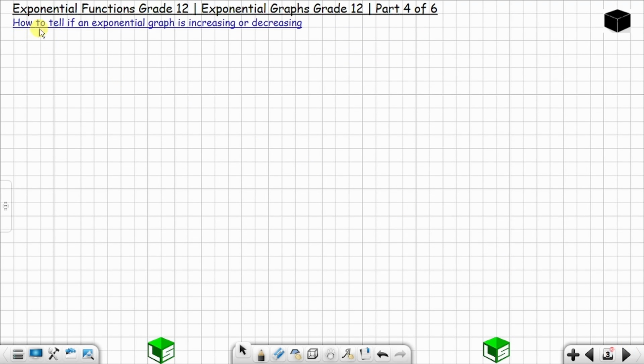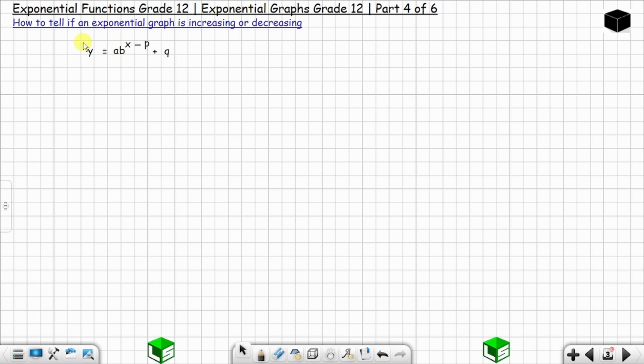Now, how to tell if an exponential graph is an increasing graph or a decreasing graph. How can you tell if you are given an exponential equation? This is the standard equation, y is equal to this.